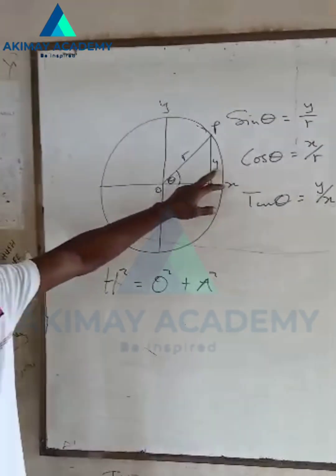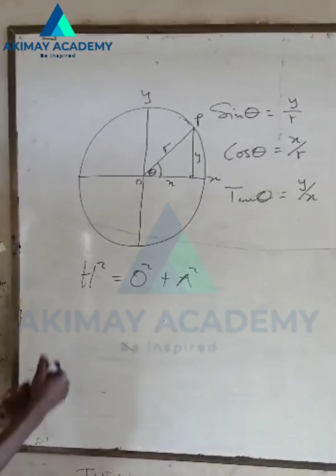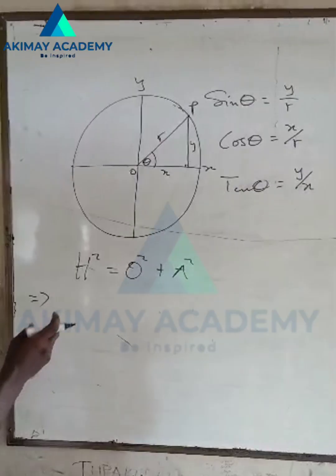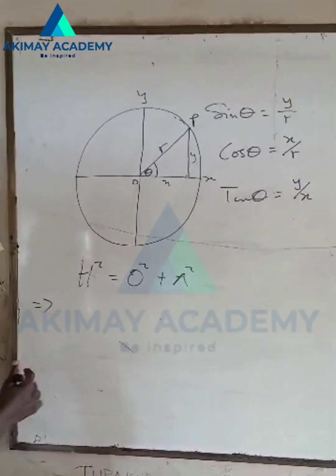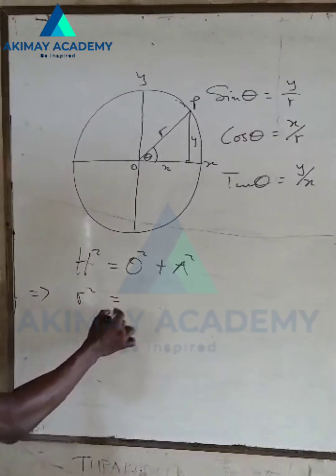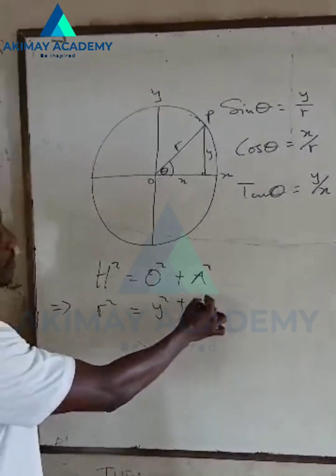Then we have the opposite to be y, adjacent to be x. So we can substitute these values inside their respective areas. So our hypotenuse is r squared, opposite is y squared, plus adjacent x squared.